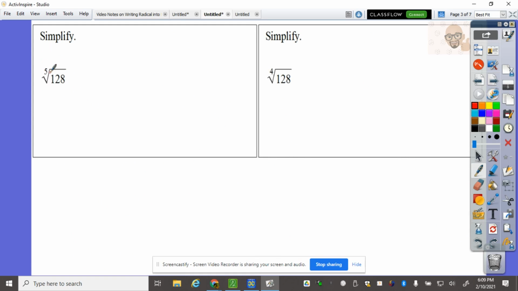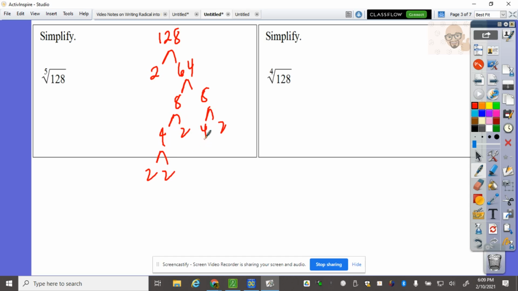Next, the fifth root of 128. You will do the same thing again. 128, break it down. 128 divided by 2 will give us 64. 64 can be broken down to 8 and 8. 8 can be broken down to 4 and 2. 4 and 2. And the 4 can be broken down to 2 and 2s. So how many 2s do we have here? 1, 2, 3, 4, 5, 6, 7.